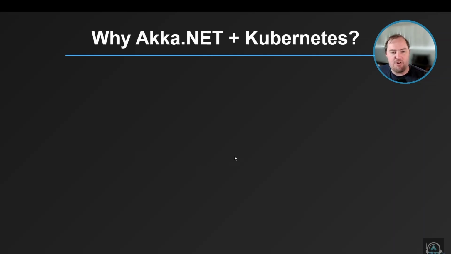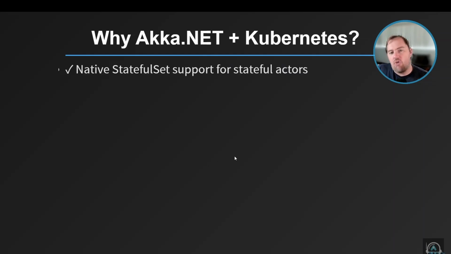Well, the first thing I'd mention is that Kubernetes has a concept known as a StatefulSet, which is basically a way of describing an application that is stateful. So rather than being your typical stateless CRUD app, where it's basically just a web API in front of a database, you actually can have applications like Akka.NET that have built-in state inside their application memory, which is where the source of truth lives.